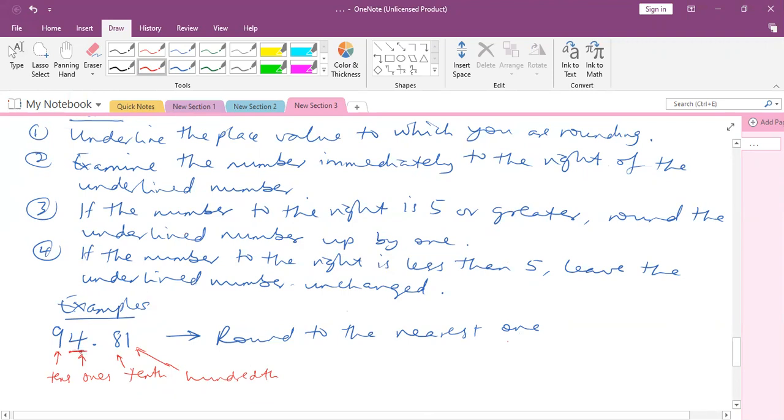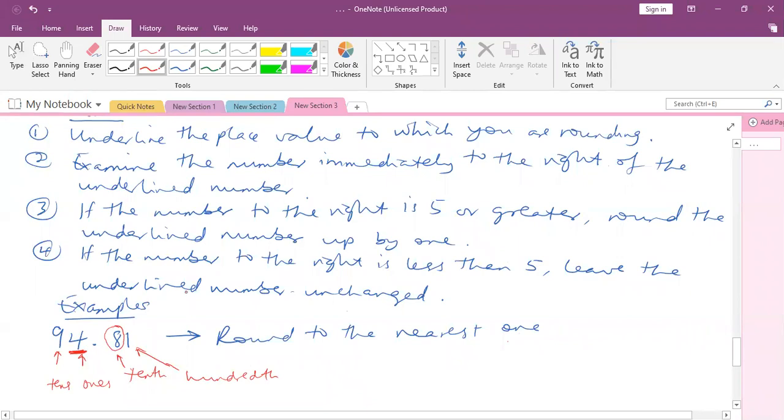So I'm going to underline that number 4. Then I'm going to examine the number immediately to the right of the underlined number. That is 8. If this number is 5 or above, I have to round the underlined number up by 1.